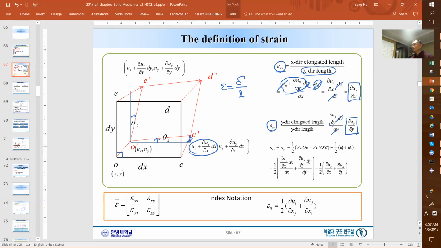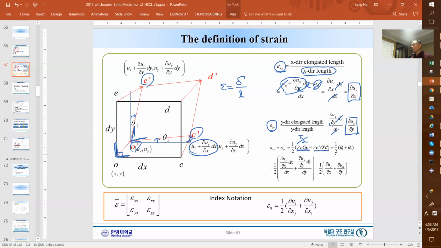By definition, we define the strain from the original angle E-O-C, which is simply pi over 2, a right angle, and the new angle E prime, O prime, C prime.